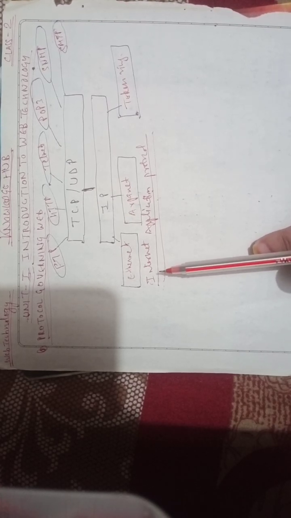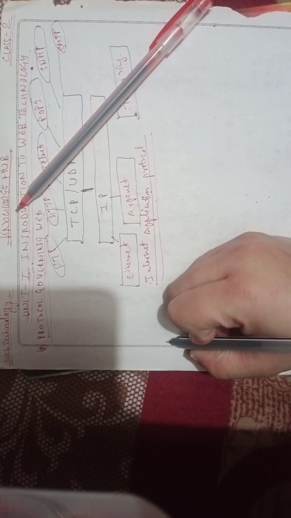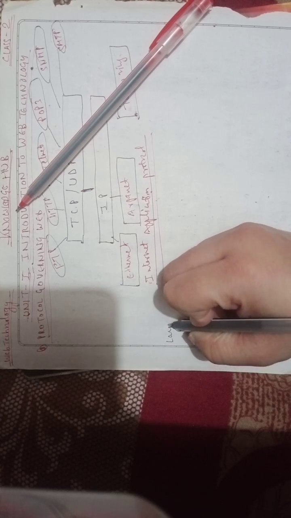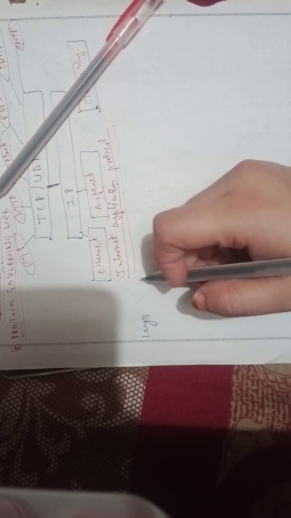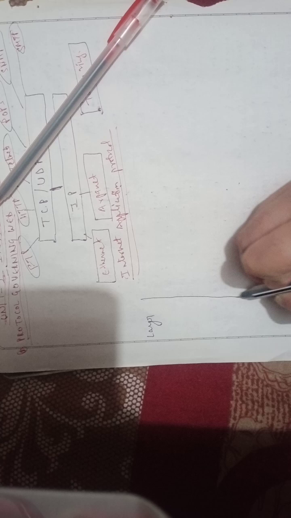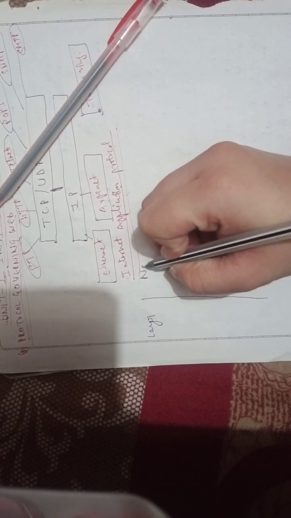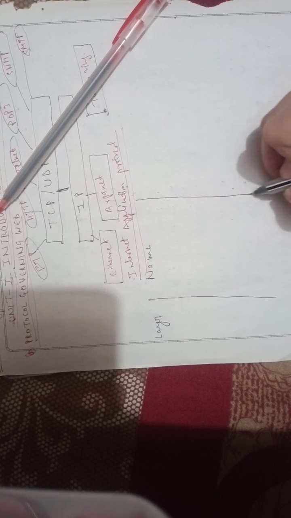So here we go. First we draw the table. First is the layer, then we have the name, then we have the protocol that is being used.